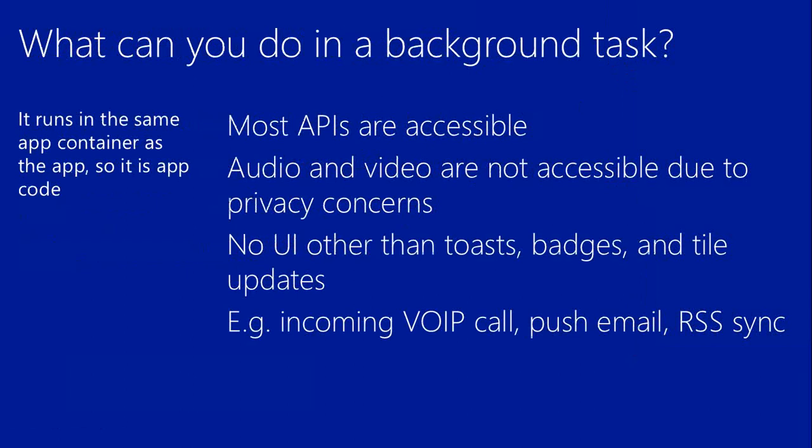So what can you do in a background task? Like I mentioned, the background task runs in the same app container as your own app. So it's your own app code. It's nothing new. You can do in the background task whatever you're doing in your application. Let's say your application is a news application and you are trying to fetch some data from an RSS feed from some newspaper to your application, and this is the core functionality of your application.